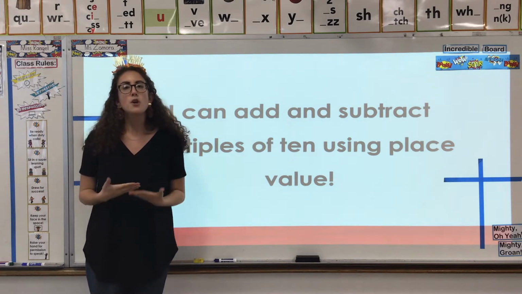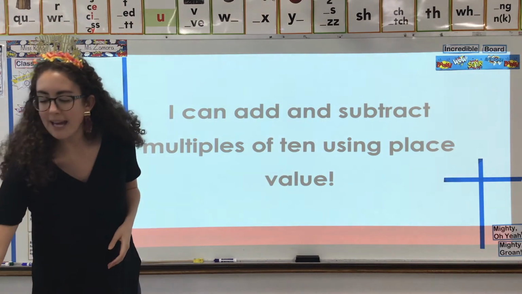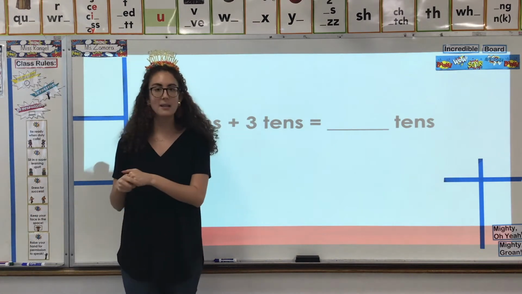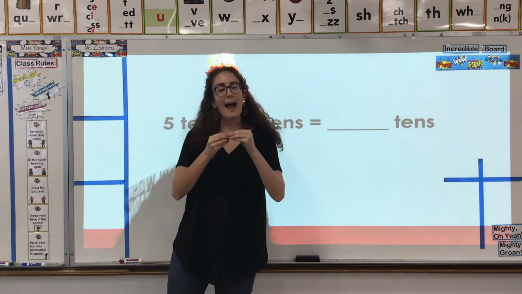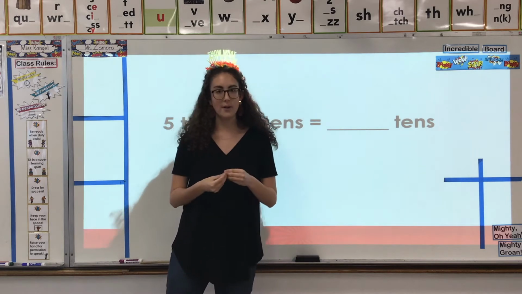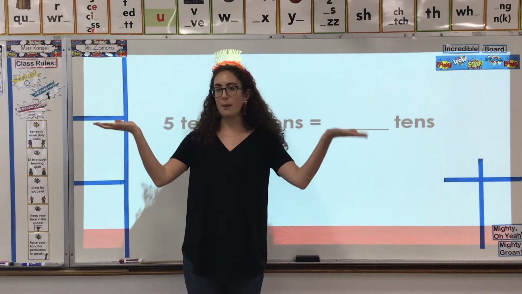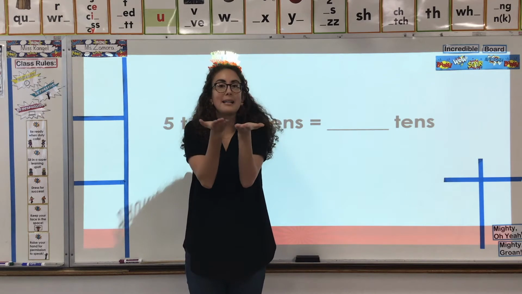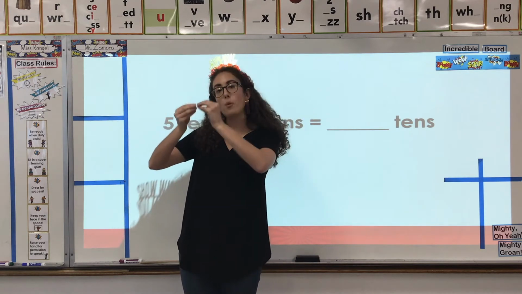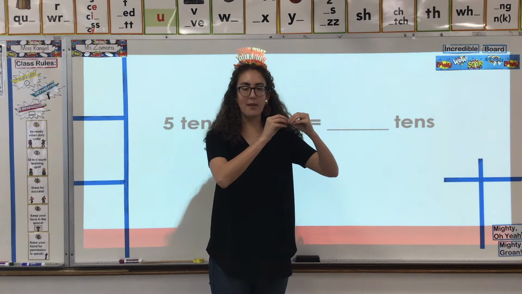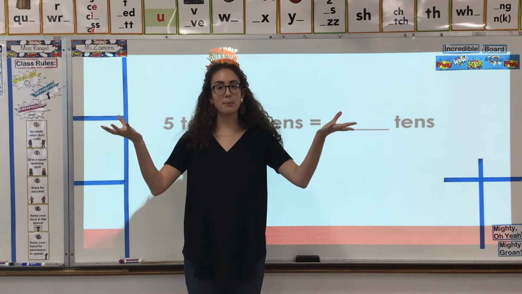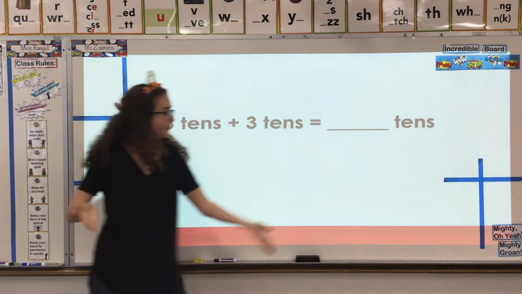Okay, so when we're going to add and subtract multiples of 10, we can only add the tens numbers together. When we're adding two numbers, in order to correctly add them, we have to add the ones and the tens together, since we have to add numbers that are in the same place.